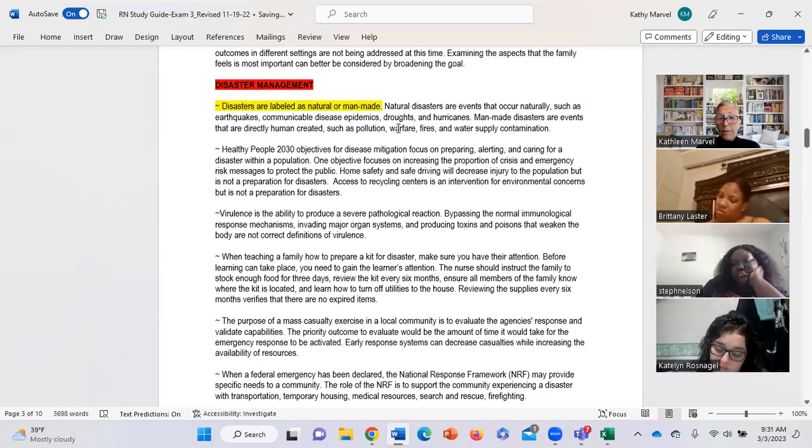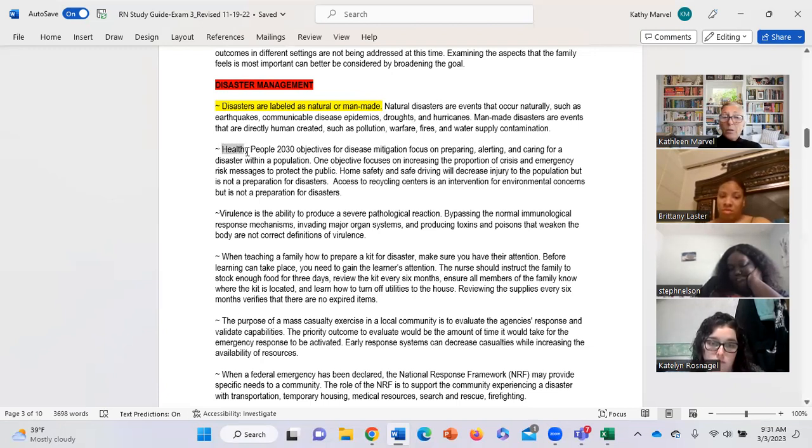Natural: earthquakes, hurricanes, communicable disease epidemics, COVID. Man-made disasters are something that we create: pollution, warfare, fires, water supply contamination. So you have to be able to distinguish between those two.